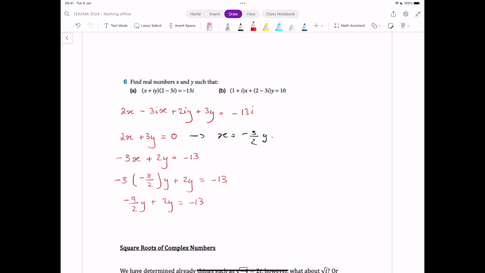Minus 9 on 2 plus 2 is minus 5 on 2. So we've got 5y on 2 equals 13, cancelling out those negatives. So y is 26 on 5, and x is just minus 3 on 2 times 26 on 5, which is minus 39 on 5.